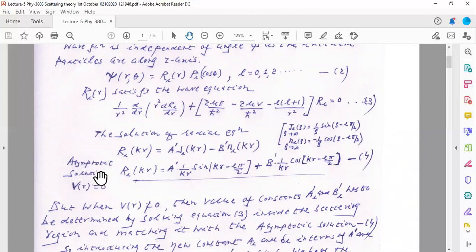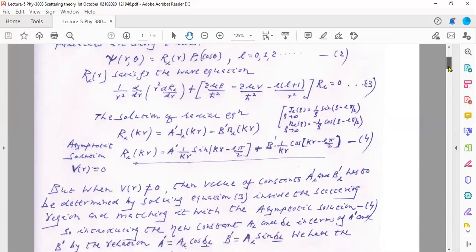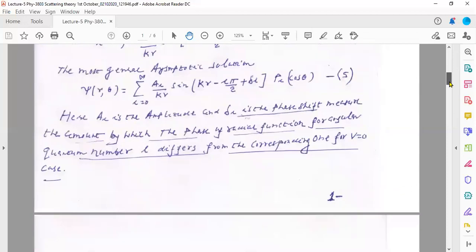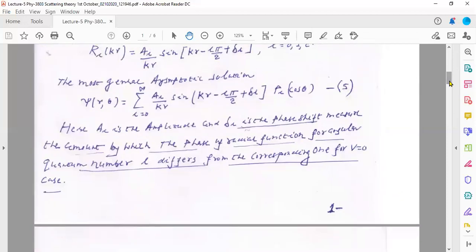This is the asymptotic solution which we have calculated, and when you solve this equation with v of r equal to 0, the radial part does not experience any change in phase. But when the particle experiences a potential, the phase of the radial part is altered.